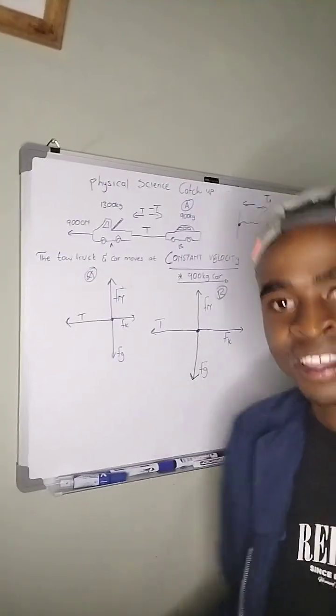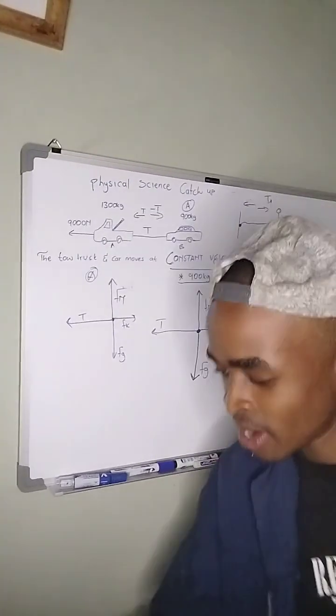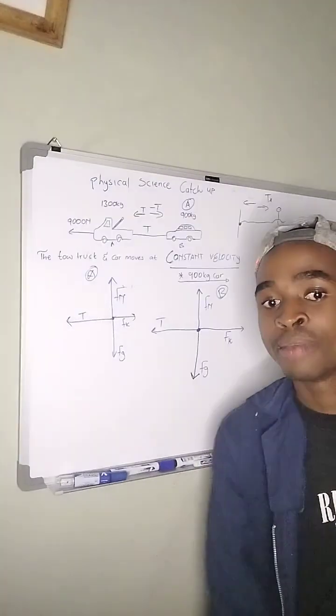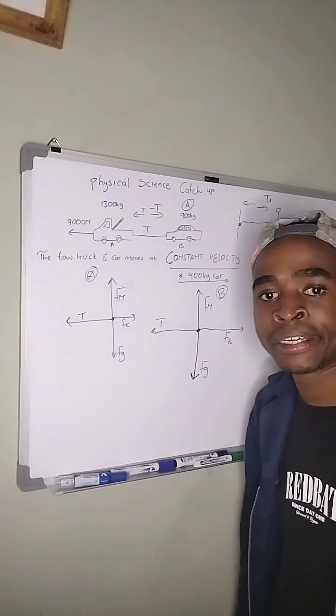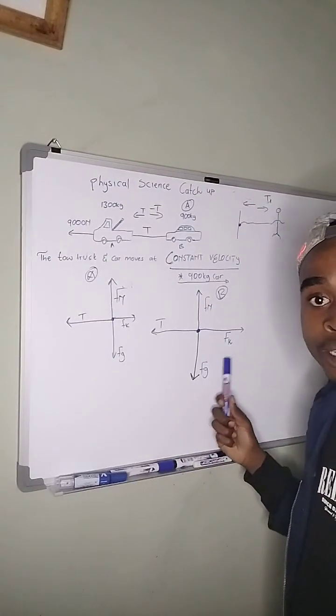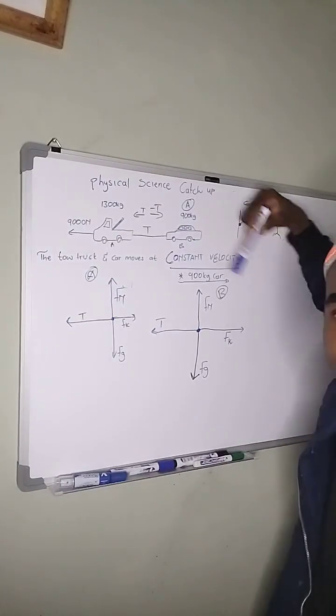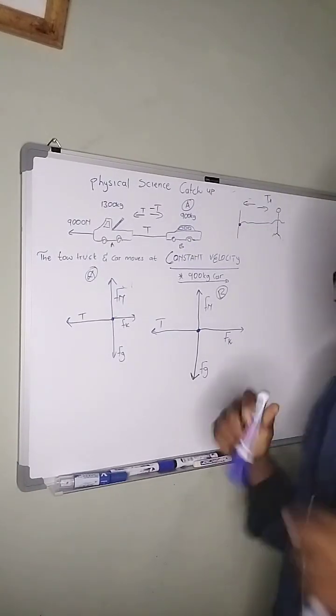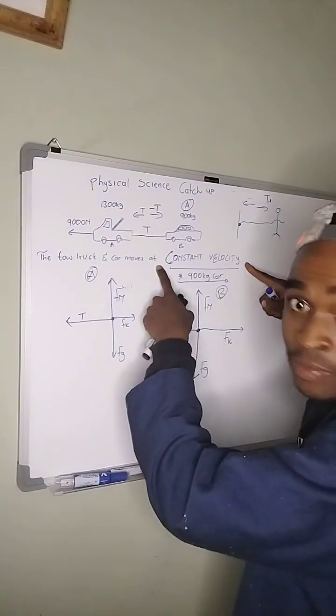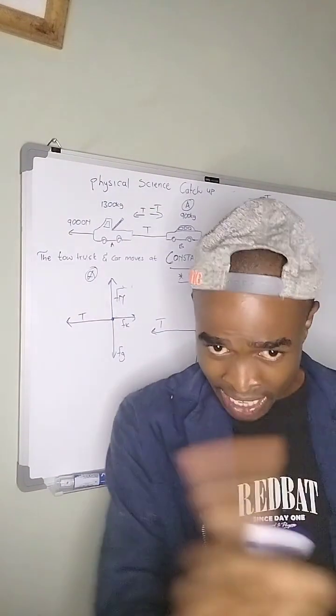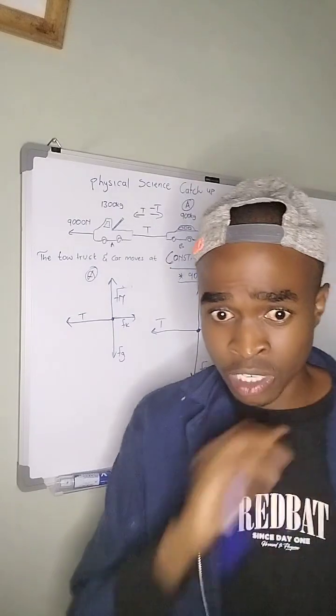Okay. Now let me explain why. This is going to be the correct free body diagram because of this constant velocity. This constant velocity is very important. If you don't get that one, you are going to be in trouble.